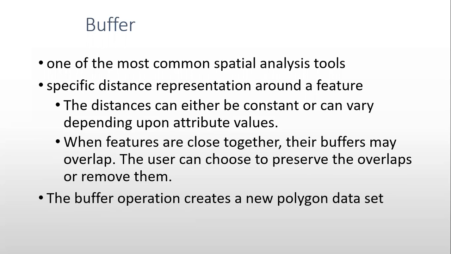The distances can be constant or can vary depending upon attribute values. When features are close together, their buffers may overlap. The user can choose to preserve the overlaps or remove them. The buffer operation creates a new polygon data set.